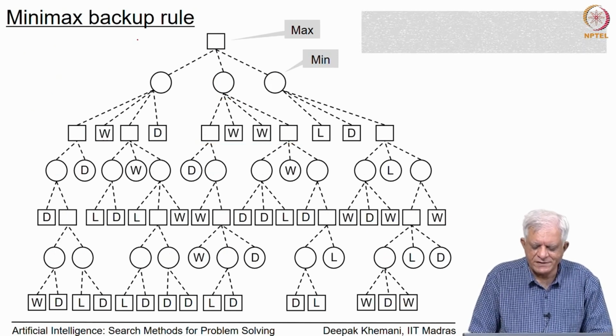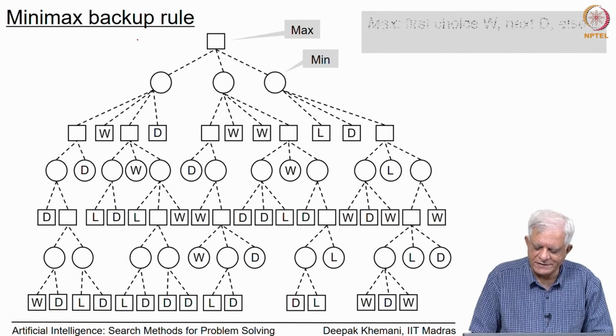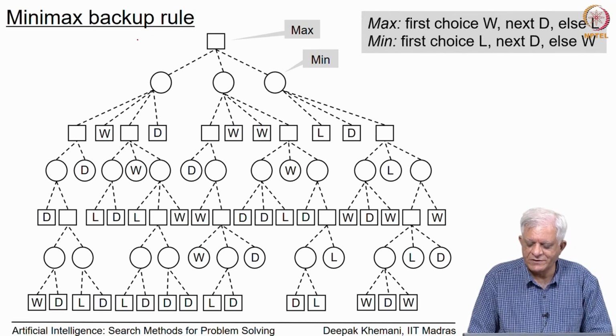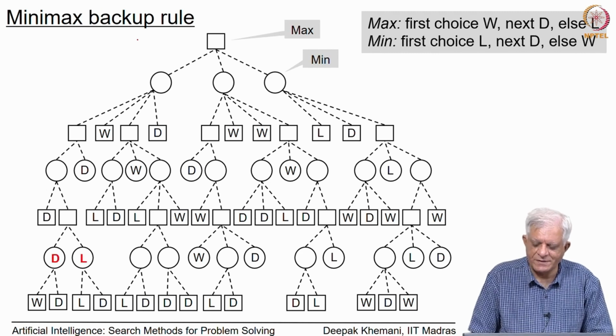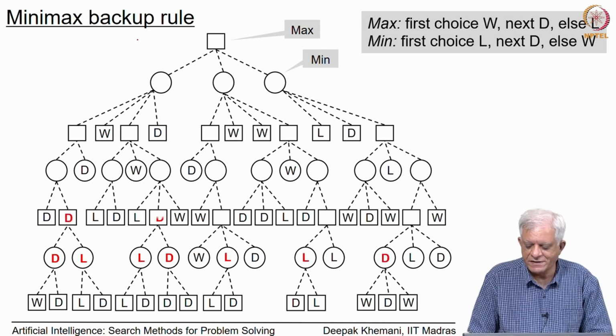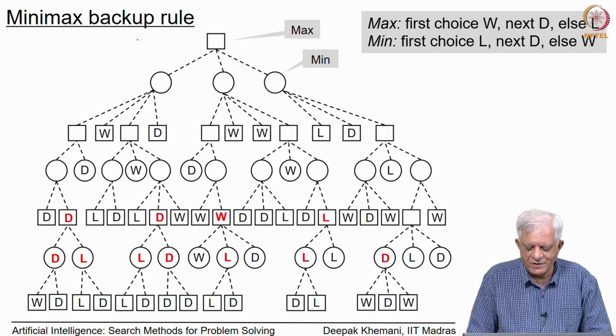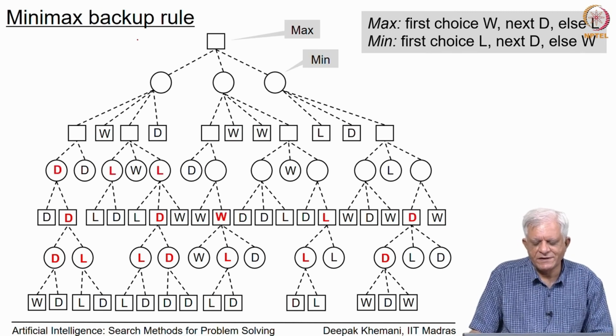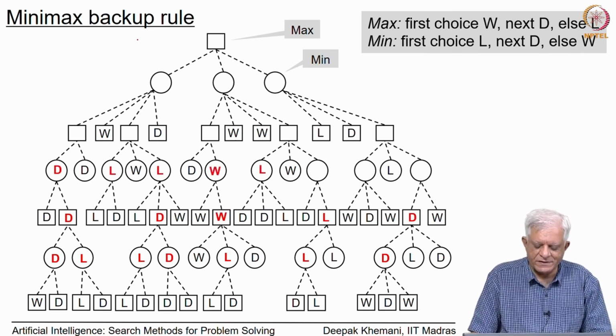You could have used the nomenclature of the three labels win or draw or loss, W, D or L. So, max's first choice is W, if not W then D, else L, and likewise min's first choice is L, if not D, else W. So, this tree that we are looking at now, it is just relabeled. You could have just substituted -1 with L, 0 with D and +1 with W, and you would have got the same tree.